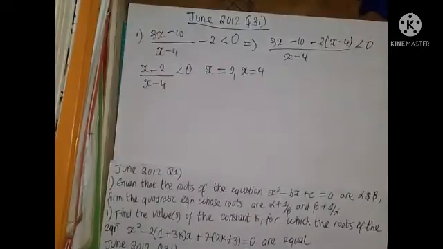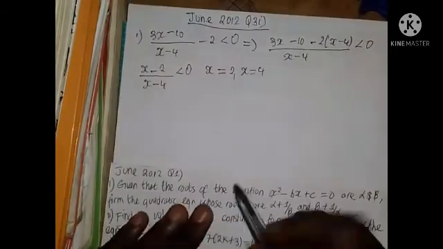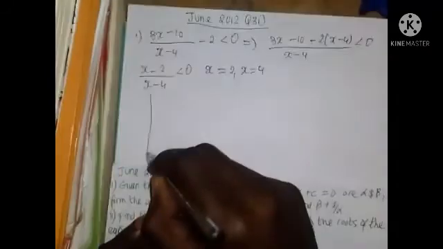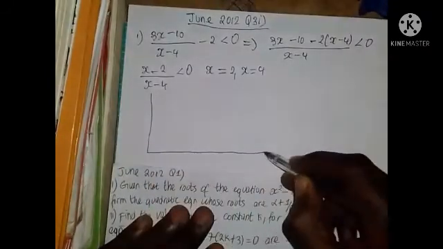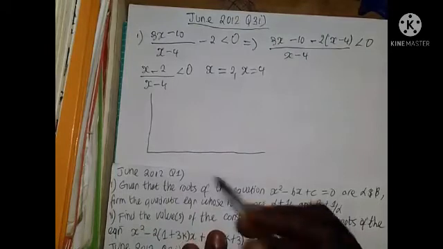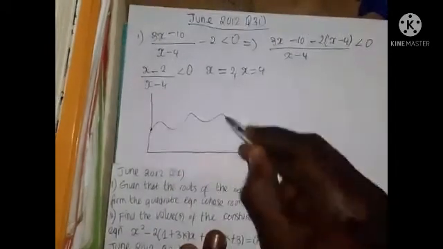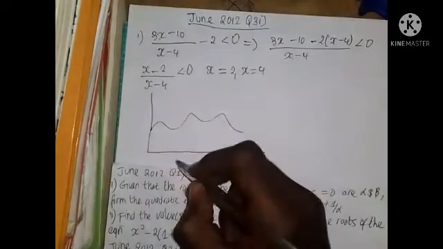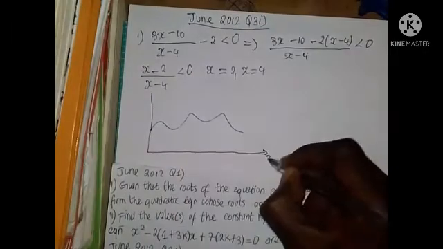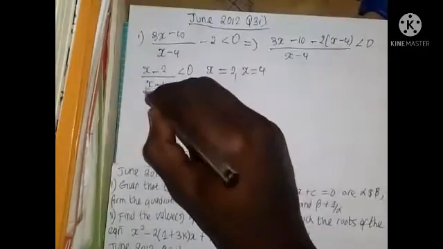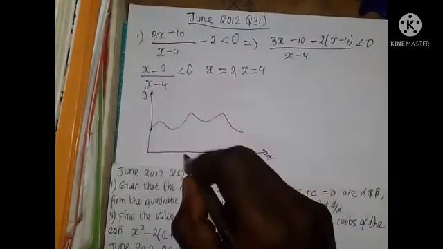Now, you're going to divide this into sections. Let's say we have a graph here. I'm not good at drawing, sorry, but let's just say this is the x-axis and this is the y-axis.